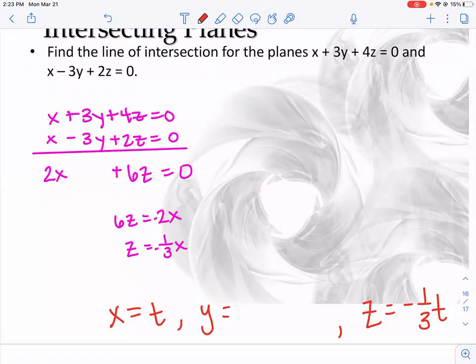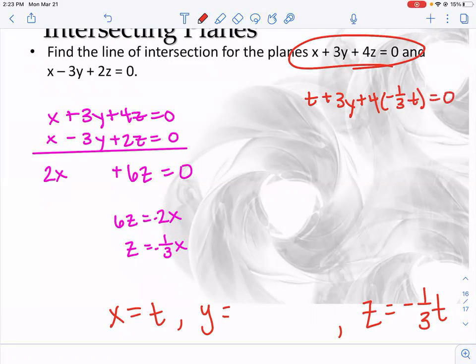Now we can go back to either one. Okay, if x is t and z is -1/3 t, now we can solve for what y is in terms of t. Right?